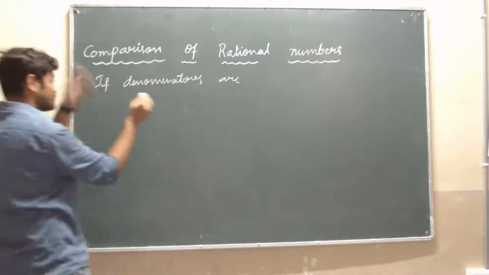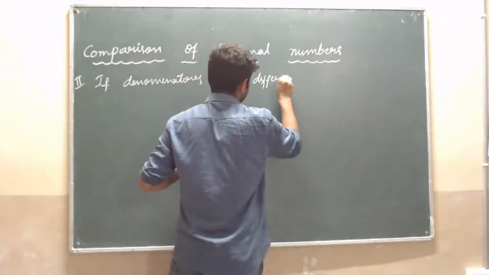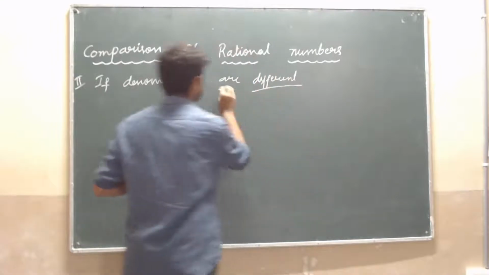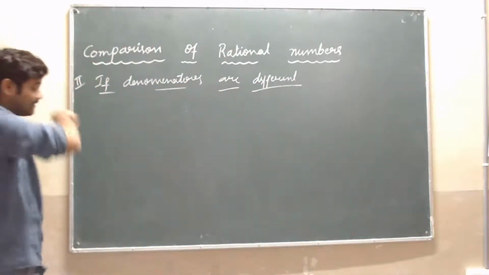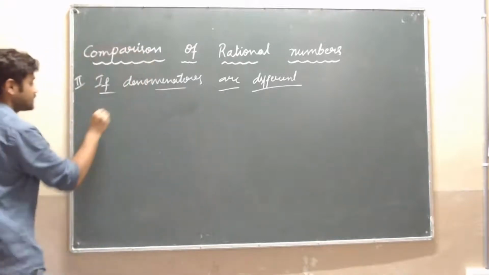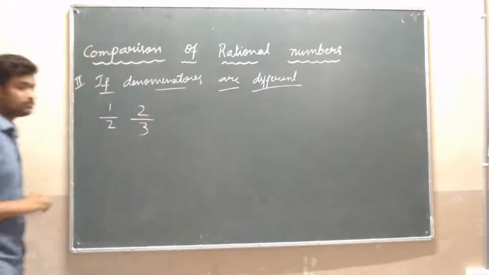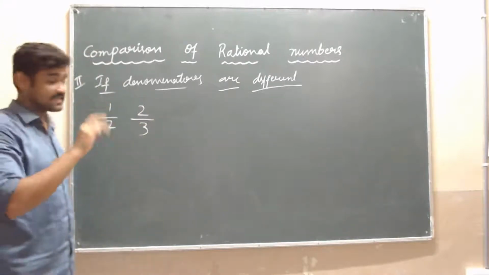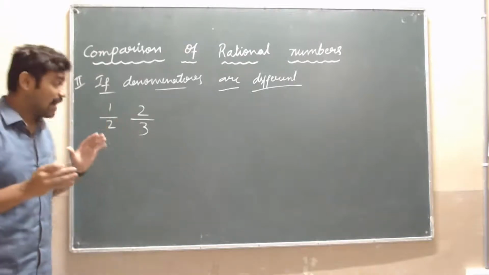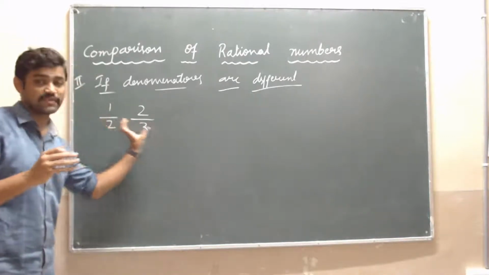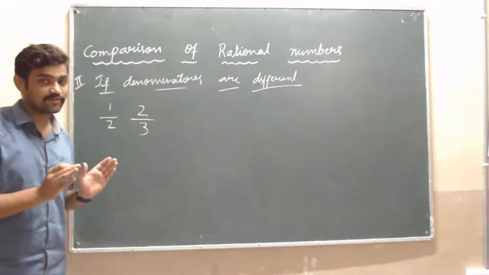I will explain by example, 1 by 2 and 2 by 3. Here two numbers are there, 1 by 2 and 2 by 3. Here we have to compare these numbers between them only, to find which one is smaller and which one is bigger.